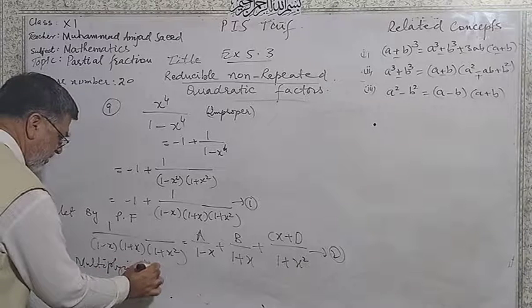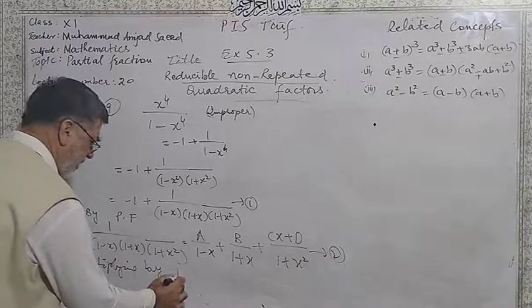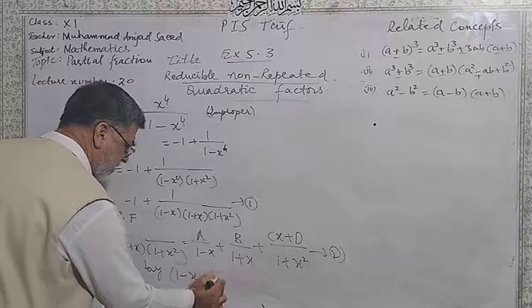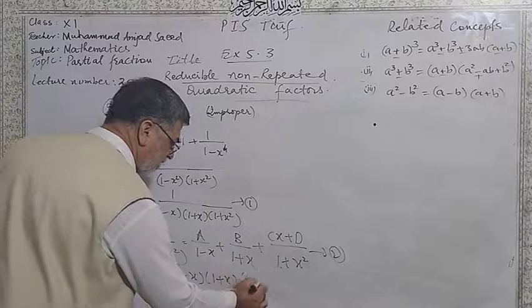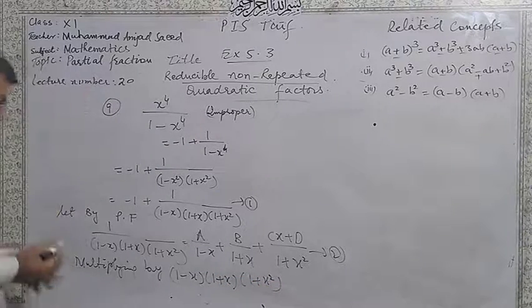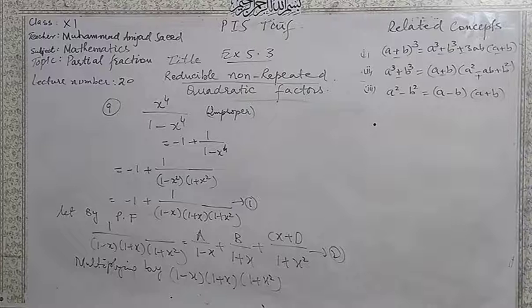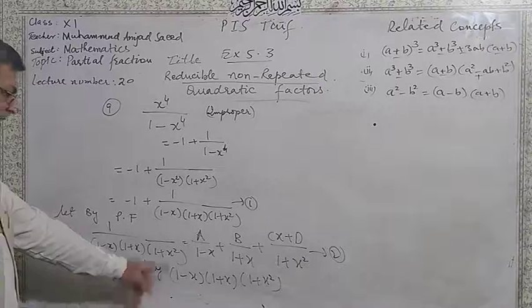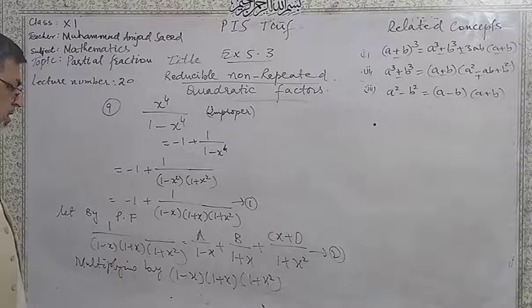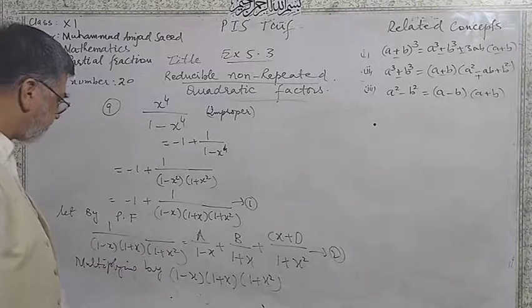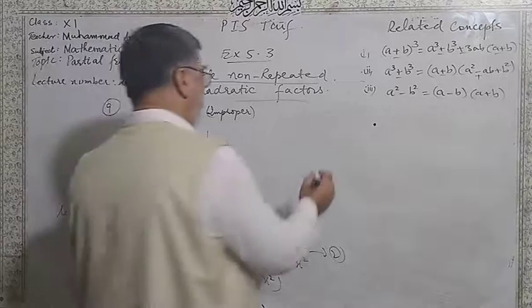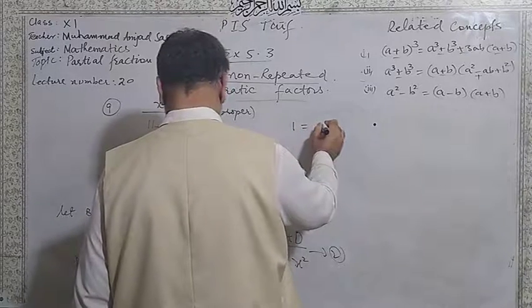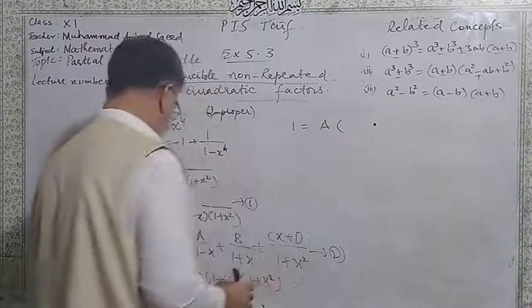Multiplying by LCM means 1 minus x, 1 plus x, 1 plus x square. So we will have 1 is equal to a into.